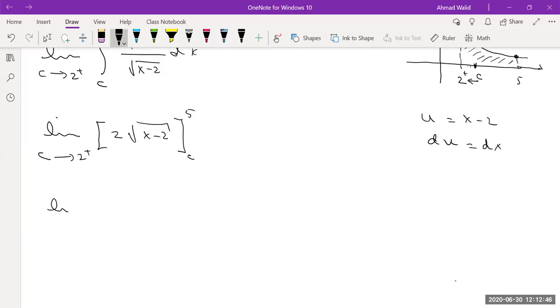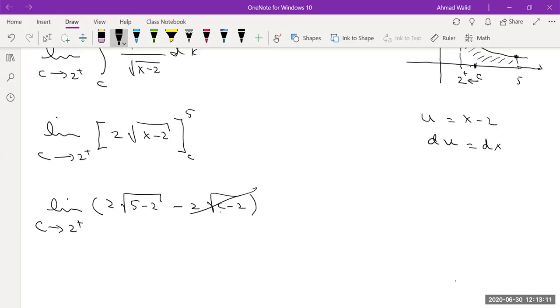Then this one will be limit as c approaches 2 from the right of 2 square root of 5 minus 2, minus 2 square root of c minus 2. If you plug 2 here, 2 minus 2 is 0, 0 times 2 is 0.